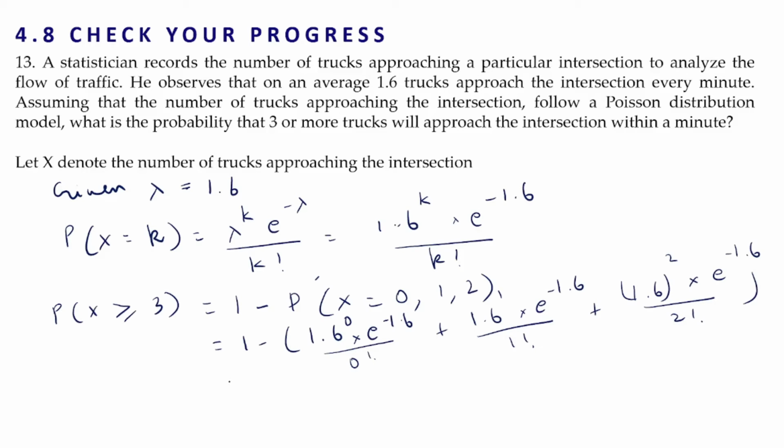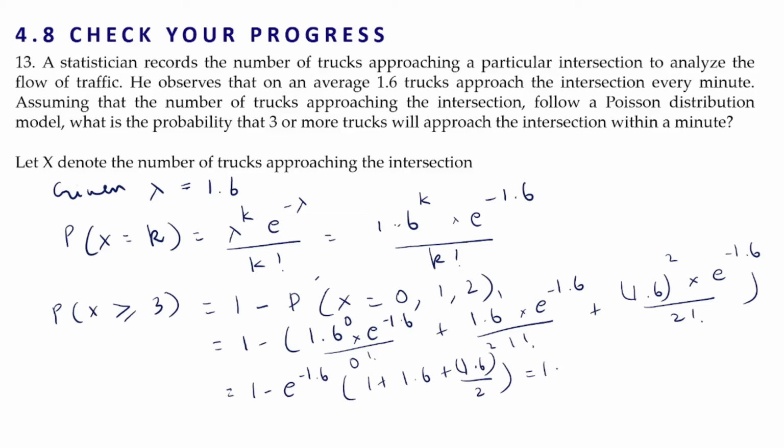Here e raised to minus 1.6 is common, it can be taken outside, and here we have 1 plus 1.6 plus 1.6 the whole square by 2 factorial, which is 2.